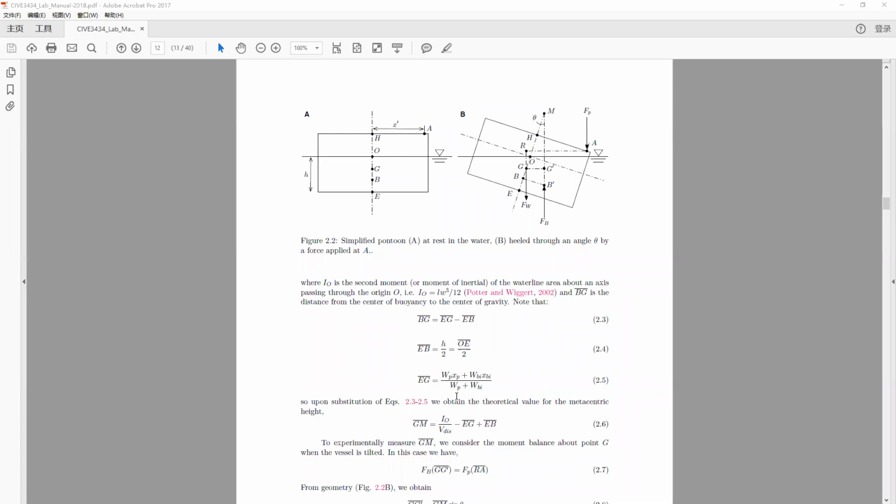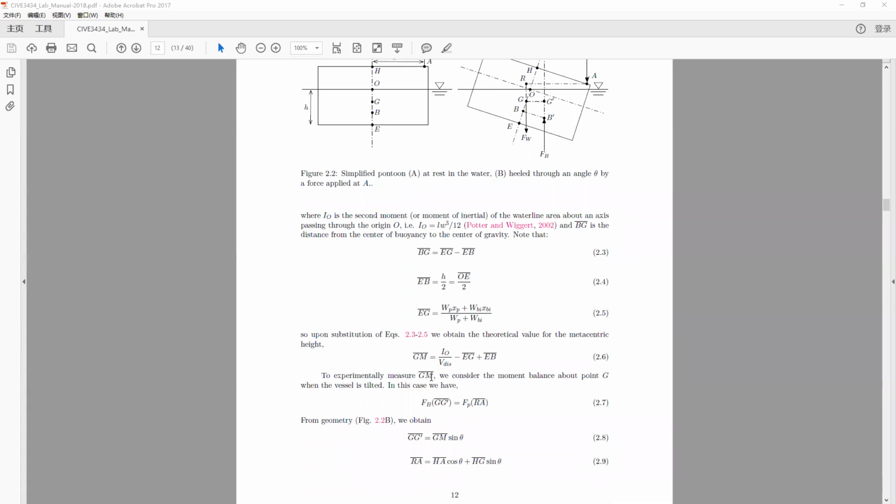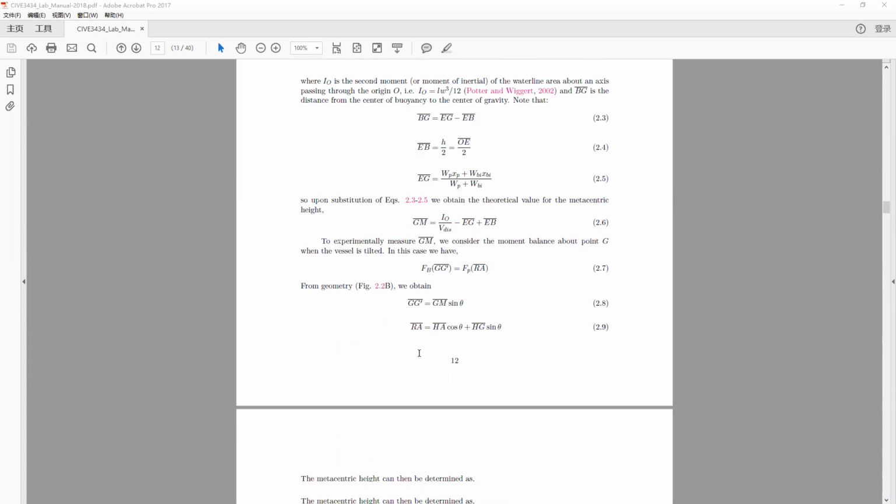That's very important. The drafts are different, and the distances from the center of gravity to the bottom of the vessel are different too. So just make sure you know that. You're able to calculate the GM theoretical using equation 2.6.